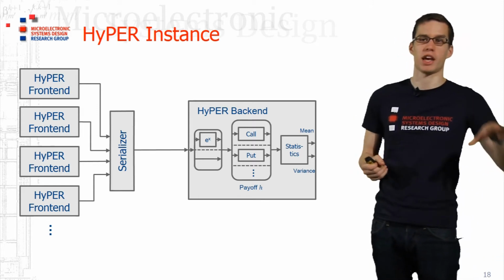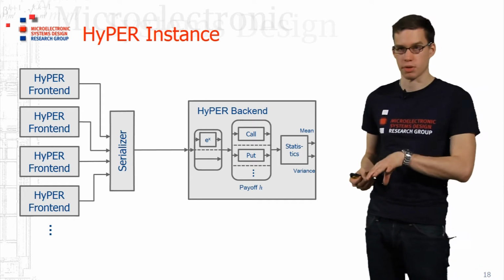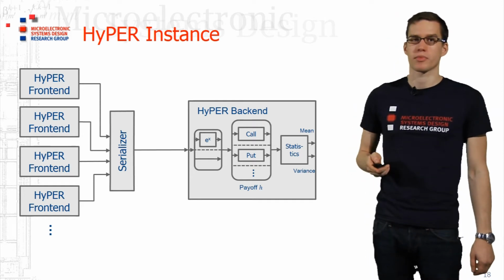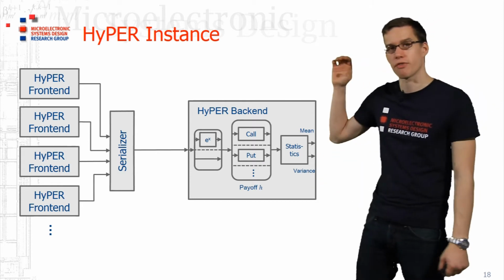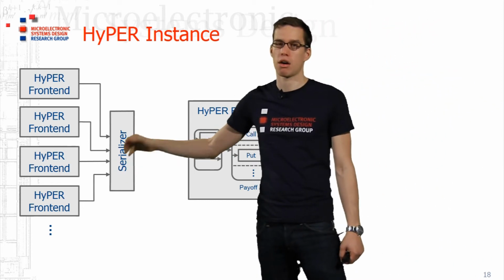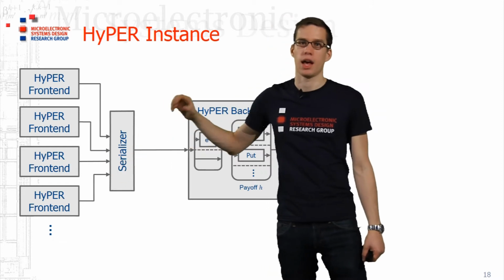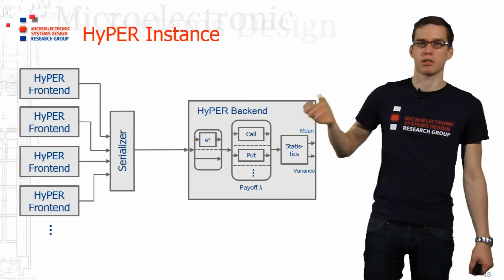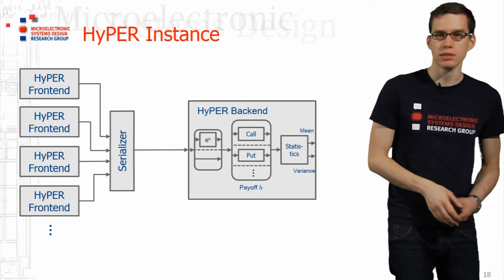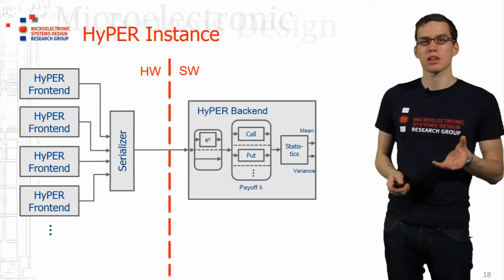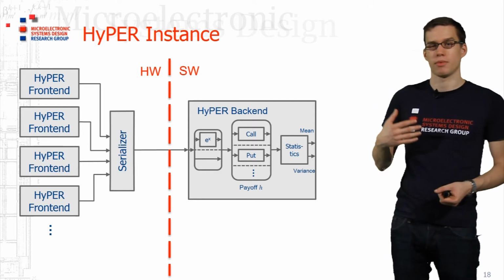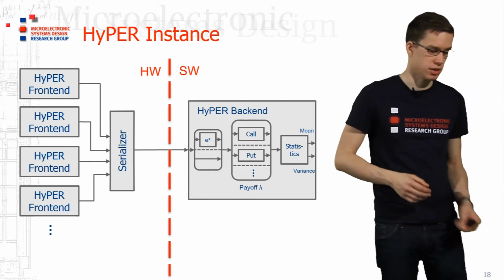Parts that we put on the FPGA and parts that we put on the CPU. And a very straightforward hardware-software split would now be to put the front end on the FPGA side and this back end on the CPU side. And this is a good choice for many, many Monte Carlo simulations.